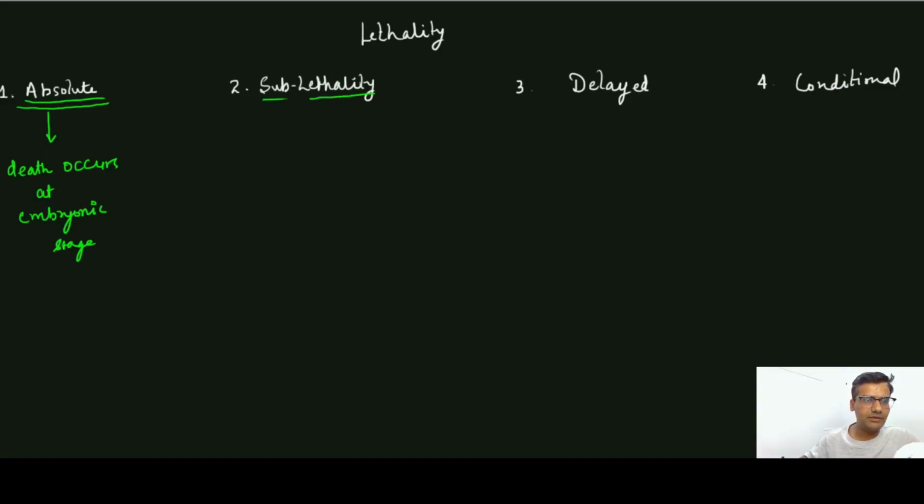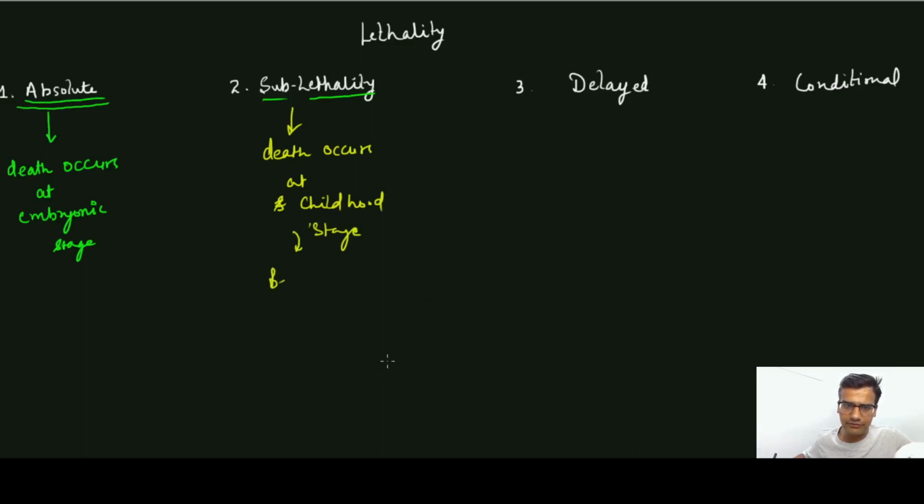Sublethality basically means the death occurs at the childhood stage. At the childhood stage, that means before reaching maturity, before reaching sexual maturity, before reaching puberty.